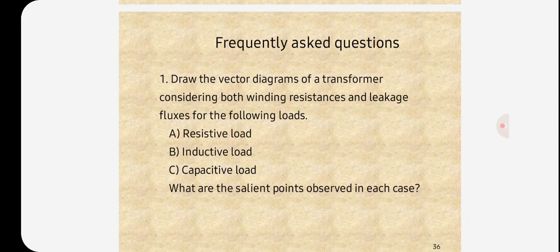And in this we also have a few frequently asked questions like this: draw the vector diagrams of a transformer considering both winding resistance and leakage fluxes for the following loads, that is resistive load, inductive load and capacitive load. What are the salient points observed in each case?